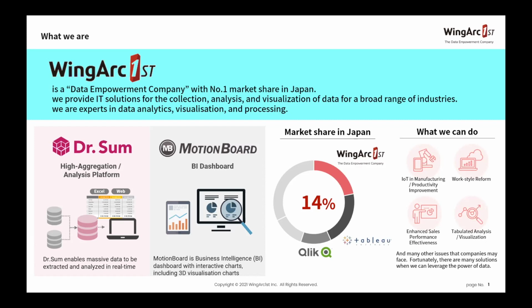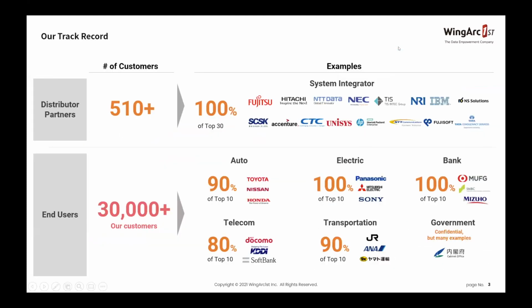In fact, it is interesting. The Japanese government, because of COVID, required data analytics of all the movement of people throughout Japan. It's actually an open website that you can see from the Japanese government. The Japanese government went out to the industry, and Wingock is one of, I think, 5 companies that worked together to generate this data analytics to support the government in monitoring and presenting information related to COVID-19.